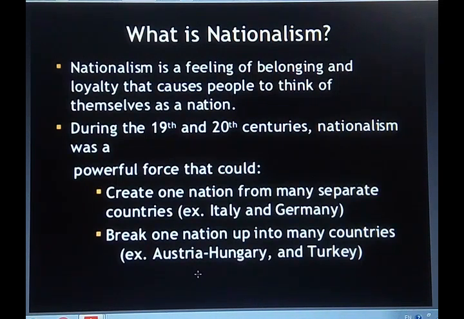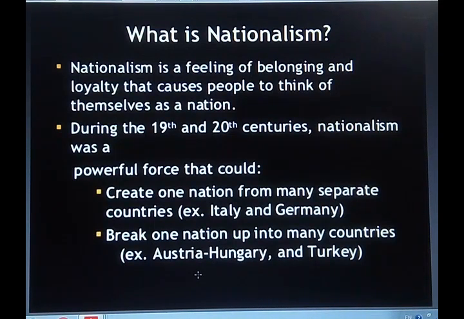So we have to understand nationalism is a type of emotional feeling that we belong, a feeling of belonging, and loyalty. Loyalty means to be faithful to our own country, and that causes people to think of themselves as a nation, as a country. So during 19th and 20th centuries, nationalism was a powerful force.